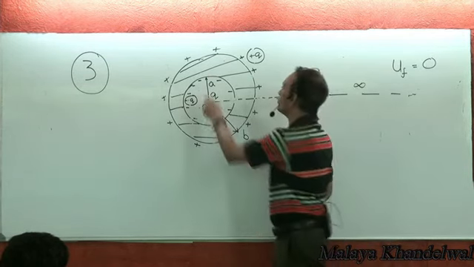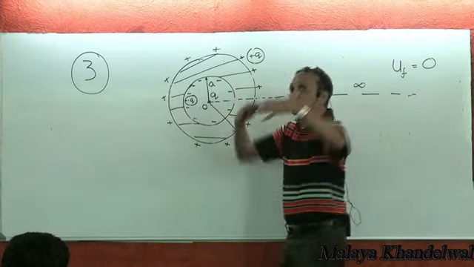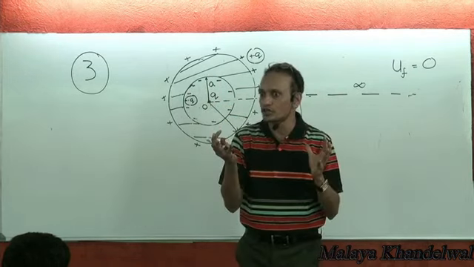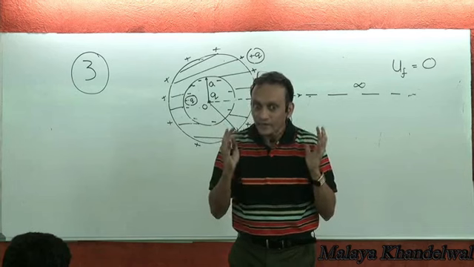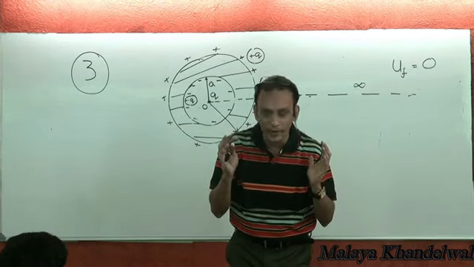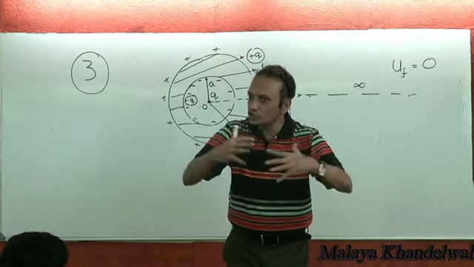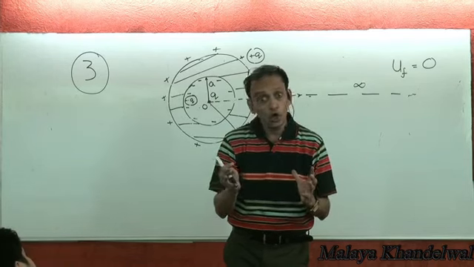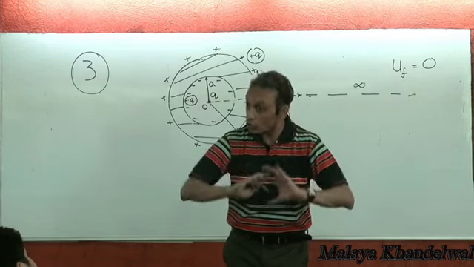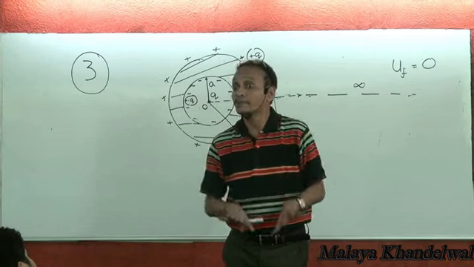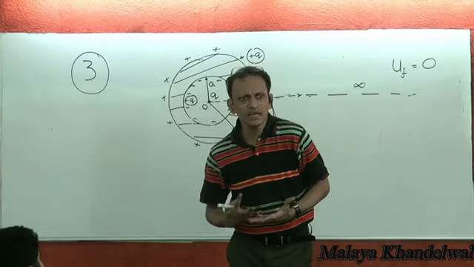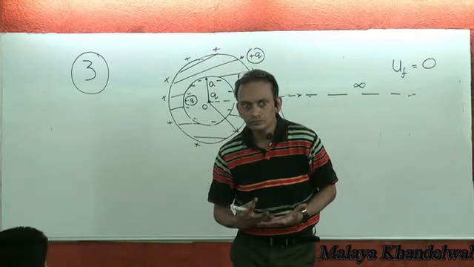1. There is self energy of these two spherical surfaces. If charge q is uniformly distributed on a spherical surface of radius r, then it has self energy kq squared by 2r. If charge q is uniformly distributed on a surface of radius r, on a surface, not inside a volume, then remember its self energy is kq squared by 2r. Yes or no?